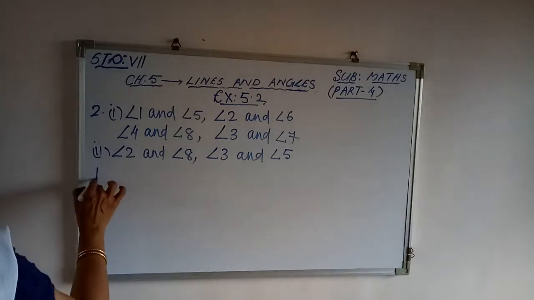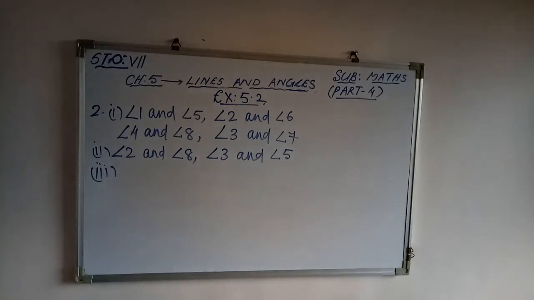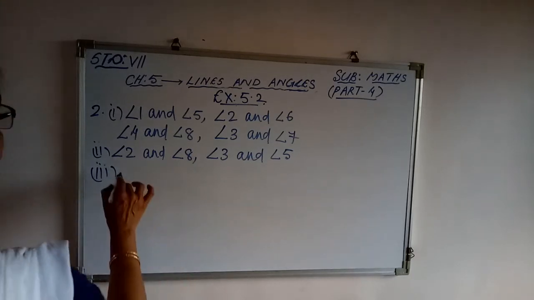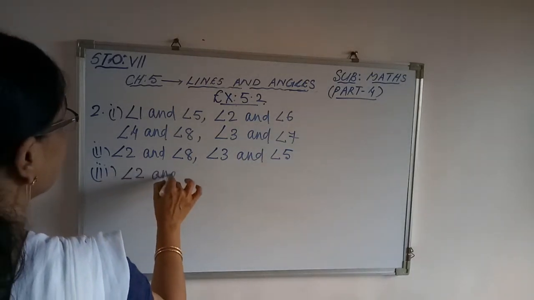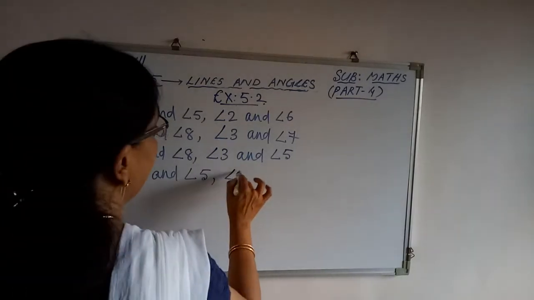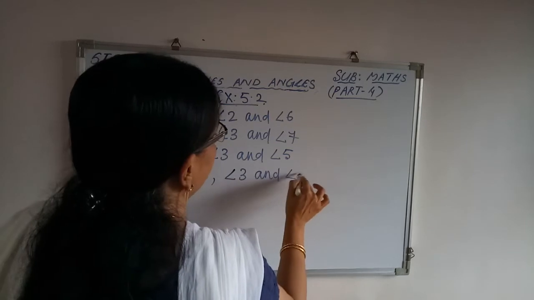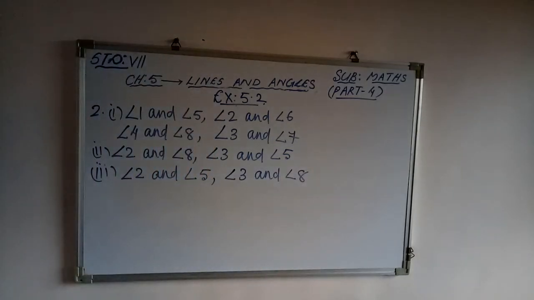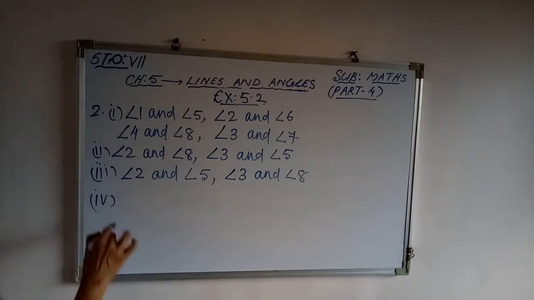Now the third one: the pairs of interior angles on the same side of the transversal. Which are the pairs of interior angles which are coming on the same side of the transversal? That is angle 2 and angle 5, then angle 3 and angle 8. Then the fourth one, the vertically opposite angles.